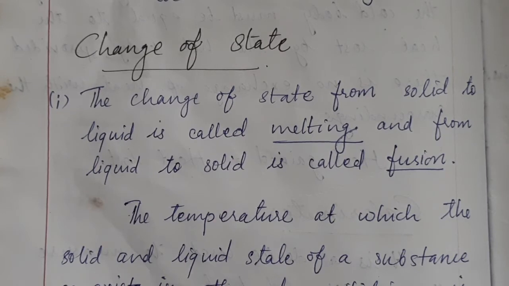As you all know, the change of state from solid to liquid we call melting. For example, an ice piece you take outside the fridge and keep at normal room temperature will melt. So this change of solid to liquid, we call melting.